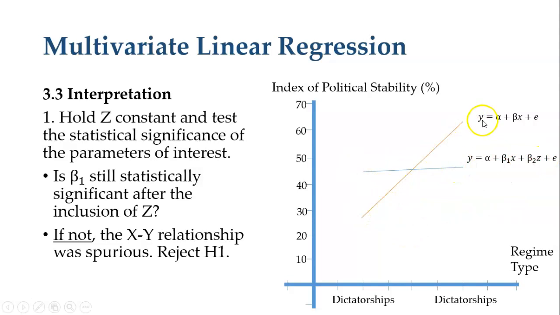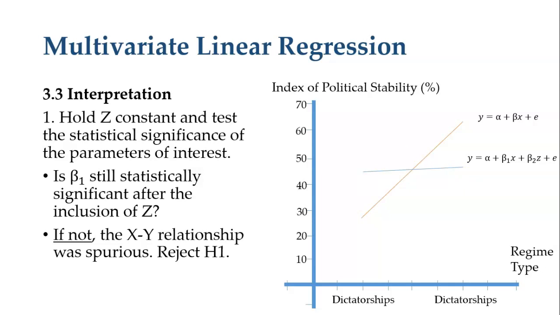This was when we only had X, and this is the formula when we have X and C. If we have something like this, and this is not statistically significant, then we need to reject our hypothesis because the relationship was spurious.